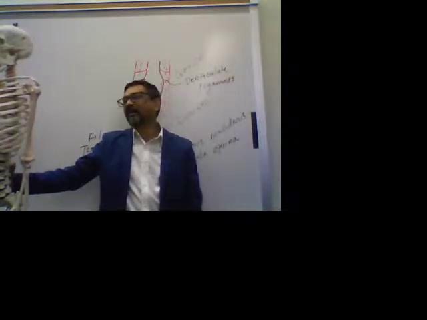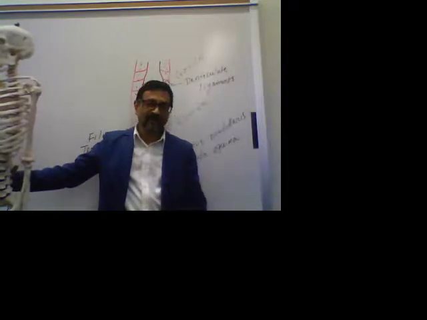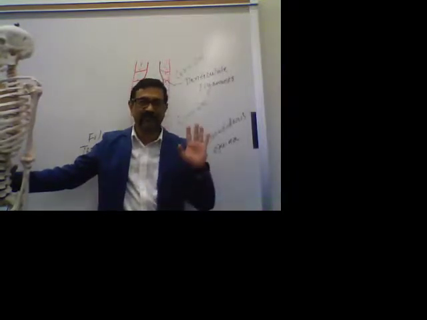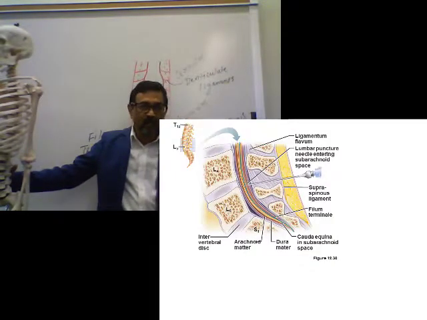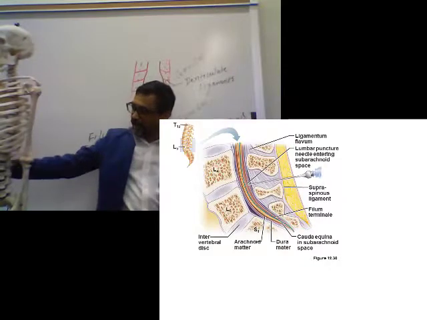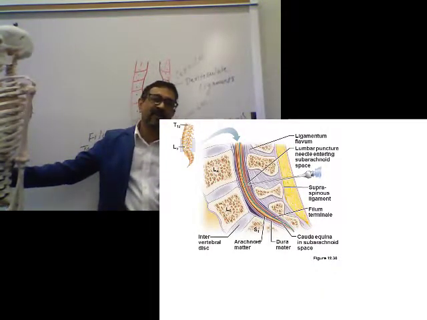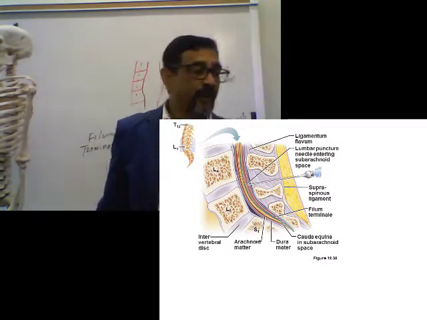L1 most of the time, lumbar 1; sometimes if it is a little bit longer it goes to L2, makes sense? But it won't go to L3. So below L2 is the safer location from where we can collect the cerebrospinal fluid.